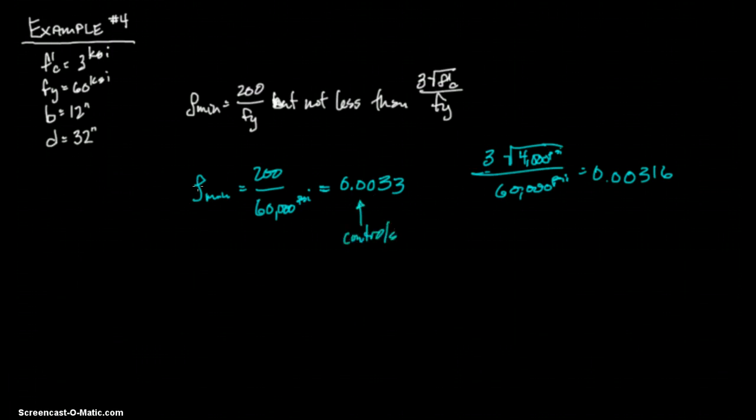Whenever you see min, you always want to go with the highest minimum, that's what's going to control. So that's your control. And let's figure out what our actual is.